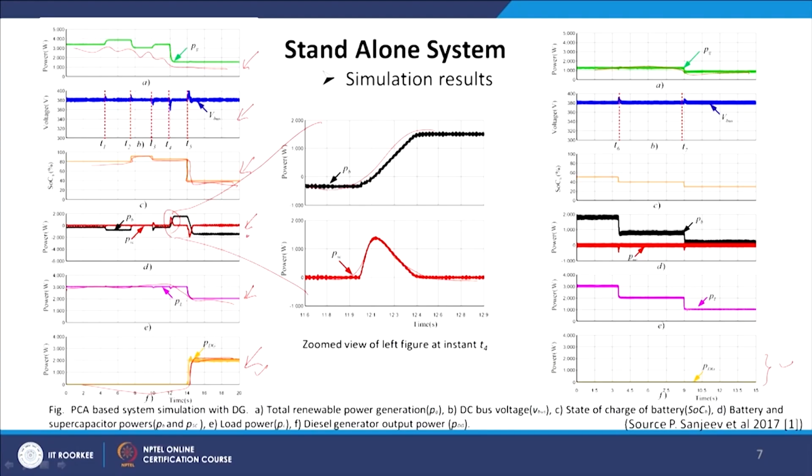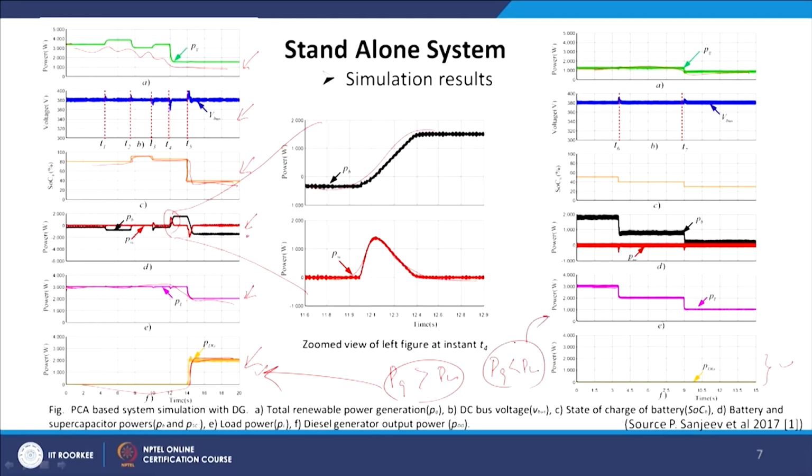So, you can see this is a scenario where the load is at 3 and the generation is at 1. We have seen another case where the load is at 3 and the generation is at 3.5. So, one case where P generation is greater than P load we have simulated, and the other case where P generation is less than PL.